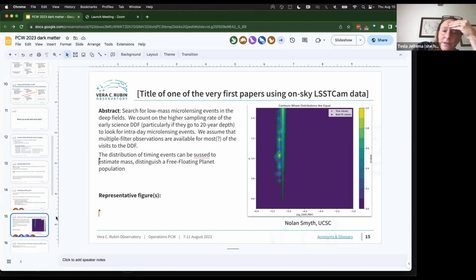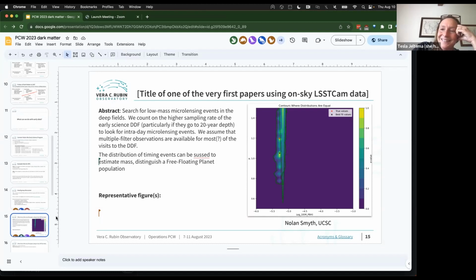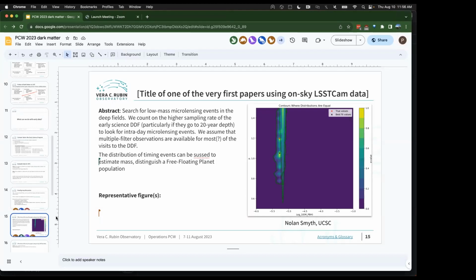But also from that conversation, it sounded like we'd need observations with much higher cadence than what we'll get in the nominal surveys. So you need the observations spaced much closer together. They were talking about a few minutes.